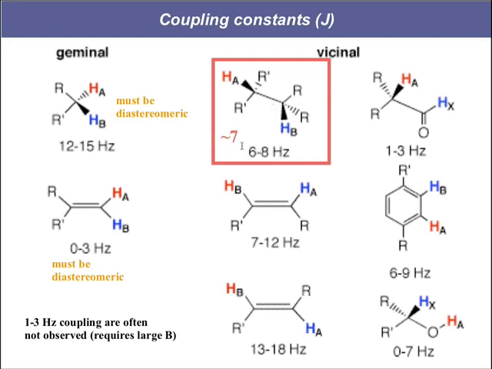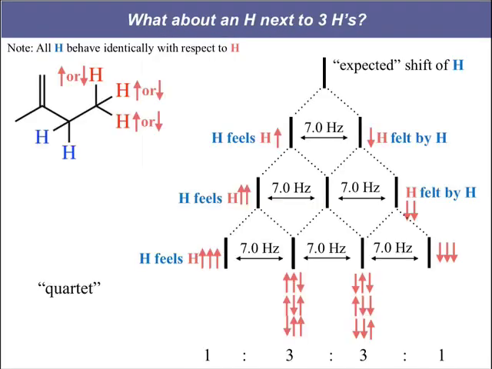But if you are related as neighbors differently, say instead of being sp3 neighbors, if you're sp2 neighbors, you would have different coupling constants, different distances between your splits.